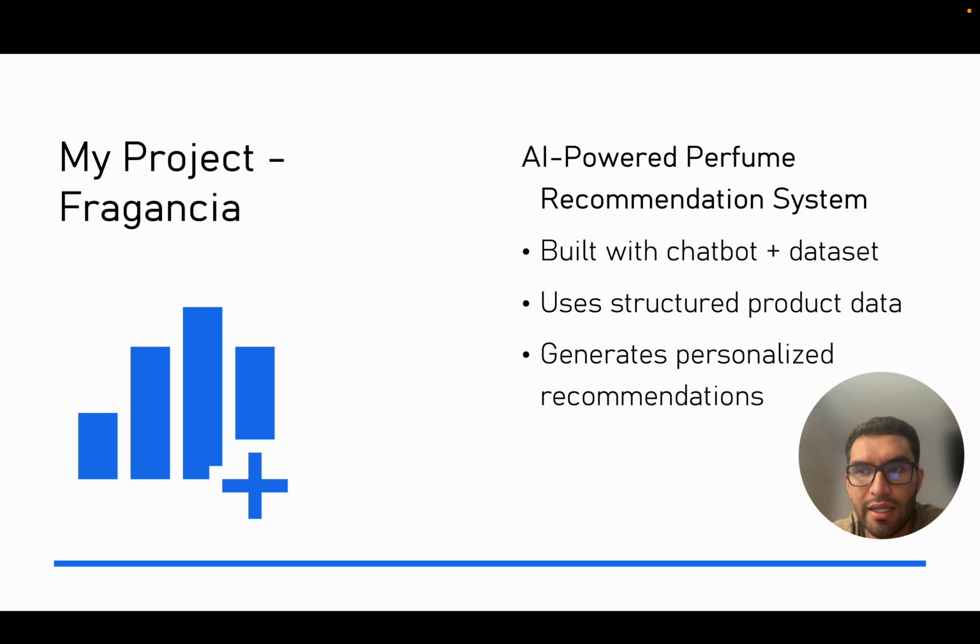So for example, the client goes to a website and gives the chatbot his preferences, and then the chatbot generates a recommendation based on the preferences of the client. So the system uses a structured dataset of perfumes that we have, a chatbot interface, and a RAG-based approach. The goal is to generate personalized recommendations based on user preferences.